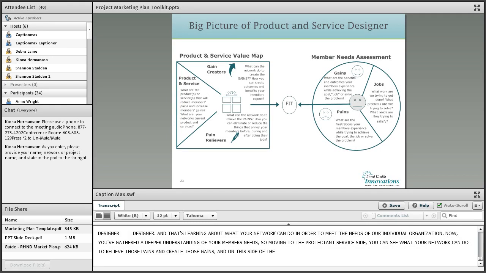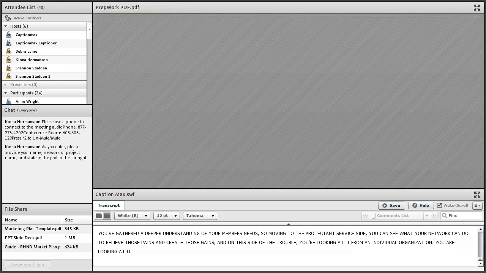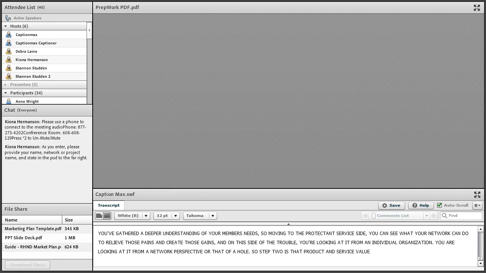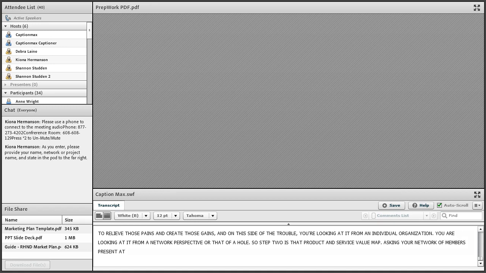So moving to the product and service side, you can see what your network can do to relieve those pains and create those gains. And on this side of the tool, you're looking at it from a network perspective, or that of a whole, whereas in the members' needs assessment you're looking at it from an individual organization.